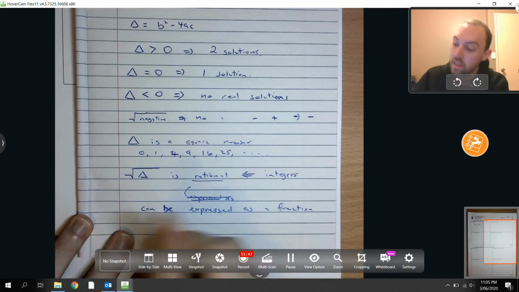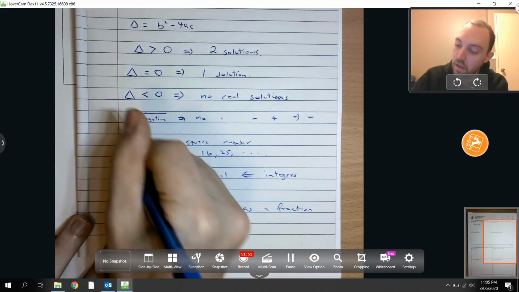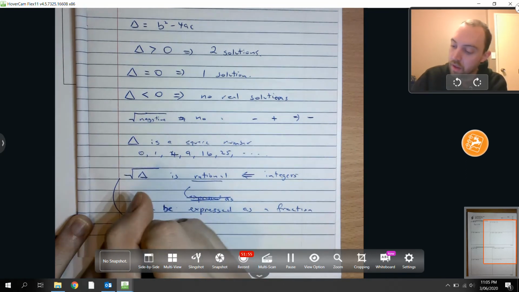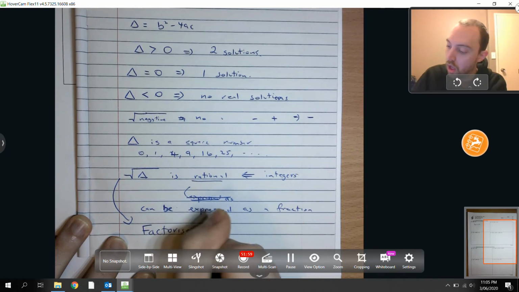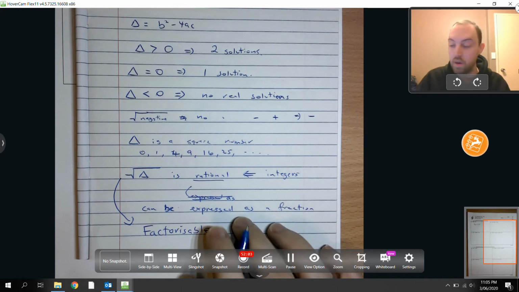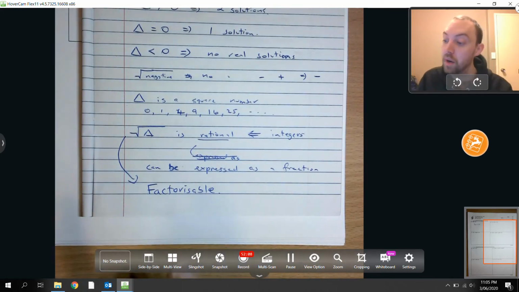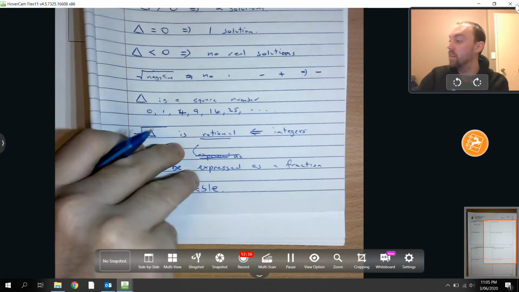This means that it is factorizable. I'm actually not certain that's a real word, but it can be factorized if that square root of the discriminant is rational, and that can help us to do some other things.